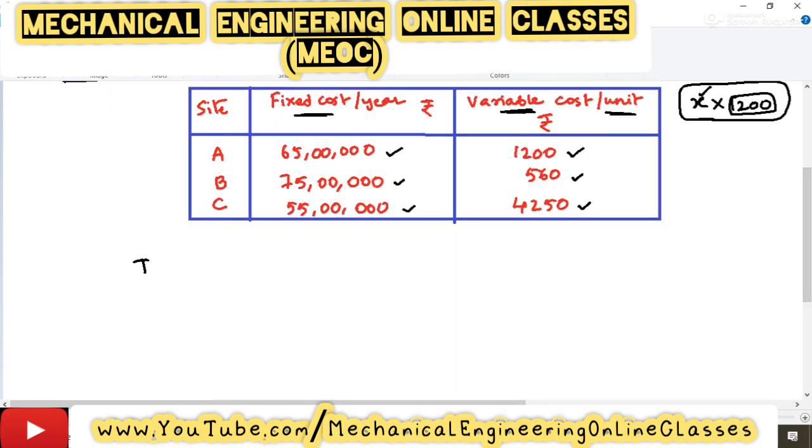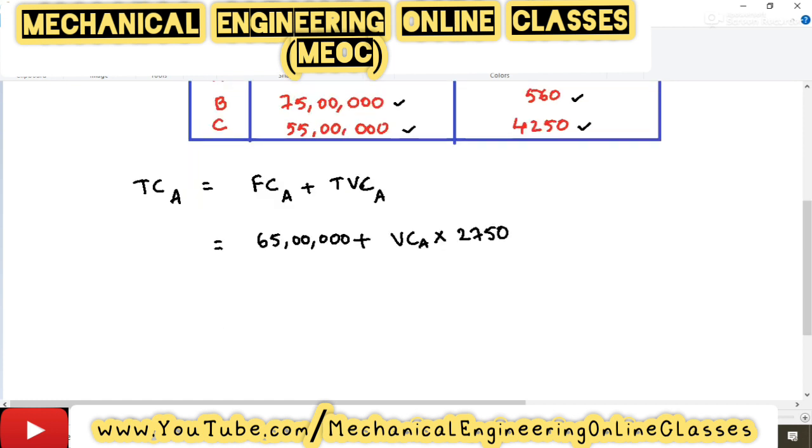Total cost of site A will be fixed cost of site A plus total variable cost for site A. So fixed cost for site A is 65 lakhs plus total variable cost is variable cost of site A into number of units of production, that is 2750, which is 65 lakhs plus variable cost of site A is 1200 into number of units of production is 2750.